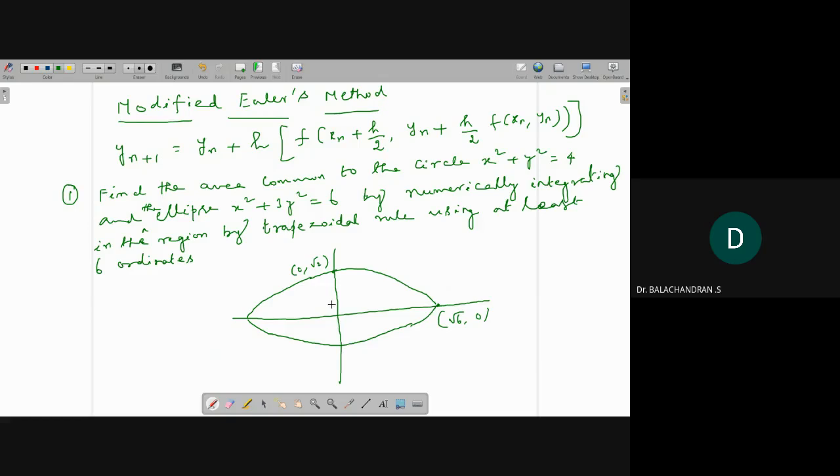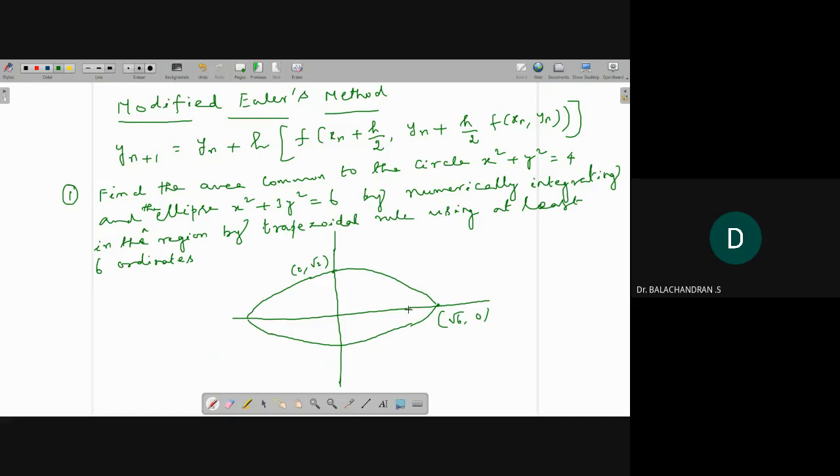Okay. And then the circle with radius 2. Radius is 2. So it is going like this, because root 6 is 2.449.